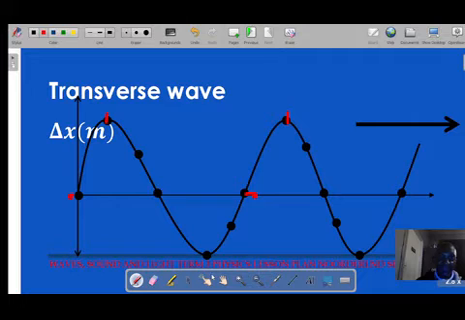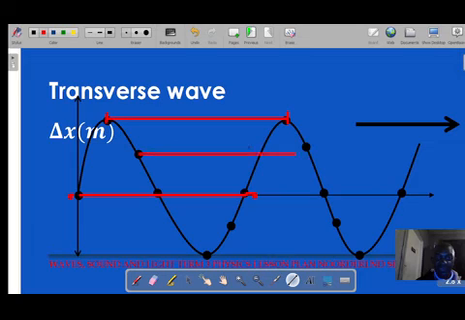If I may draw that, I can do it like this. From here up to here, that's one wavelength. From this point up to here, it's another wavelength. From this point up to here, it's also another wavelength. And from here up to here, it's also another wavelength.